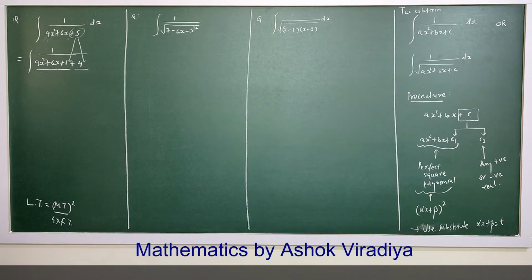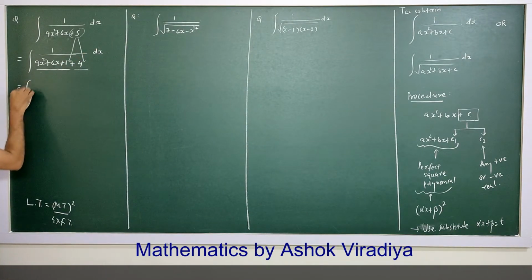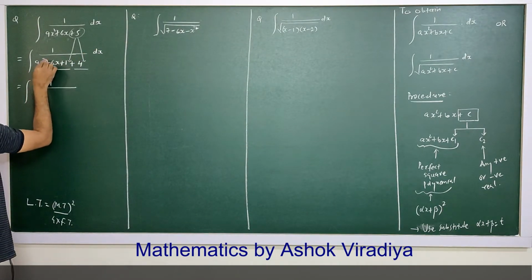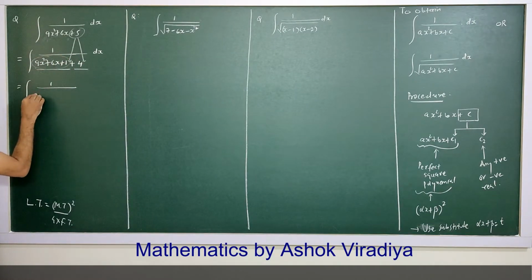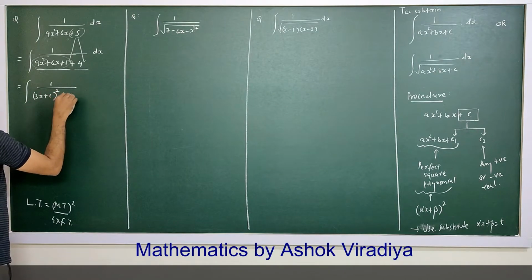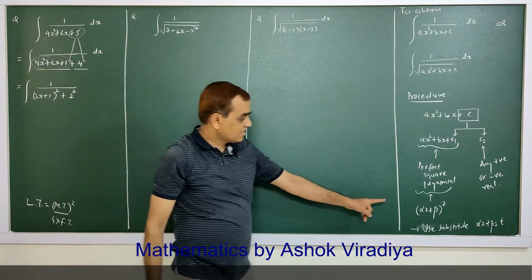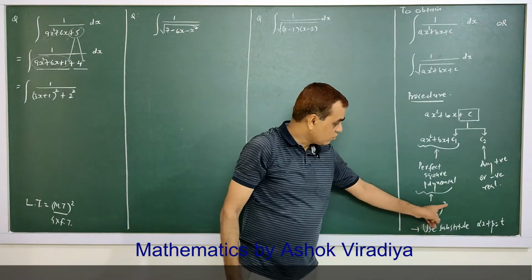So 5 is split up in two parts, 1 plus 4. And here keep dx. So the integral of, now this is 3x plus 1 whole square and 4 is 2 square.